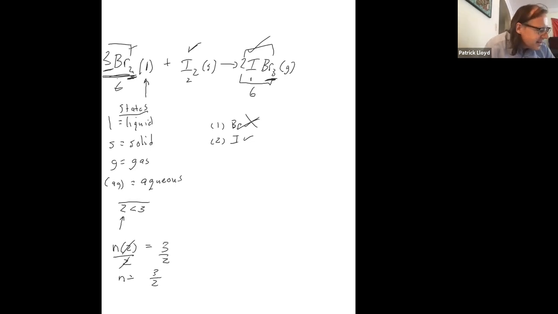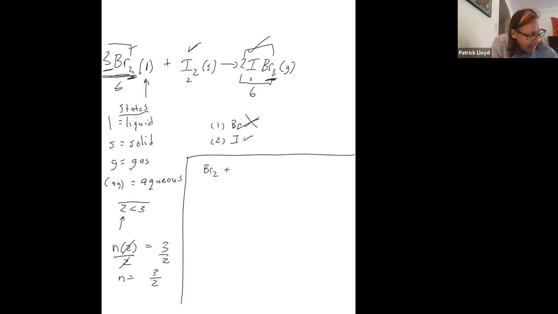Okay. So that works. Now, suppose I had done the iodine first. Okay, I got 2 over here, so I'll put a 2 there. That gives me 2 on both sides. Now I've got 6 bromines over here, so I need a number in front of the 2, a 3.